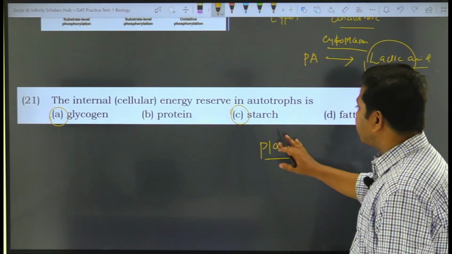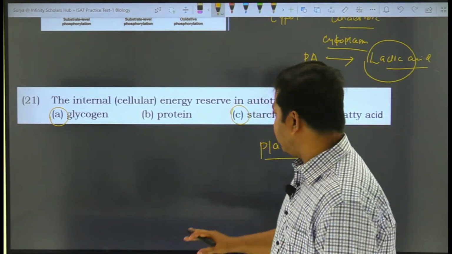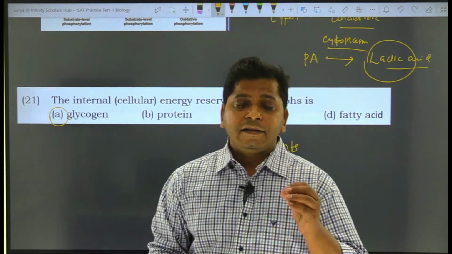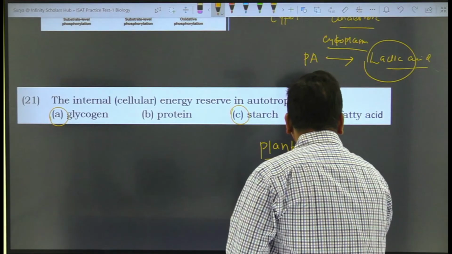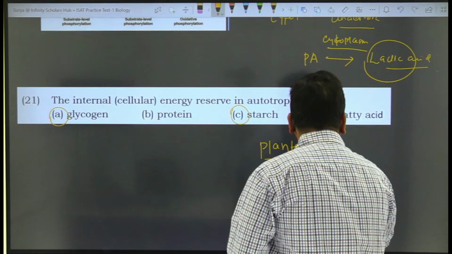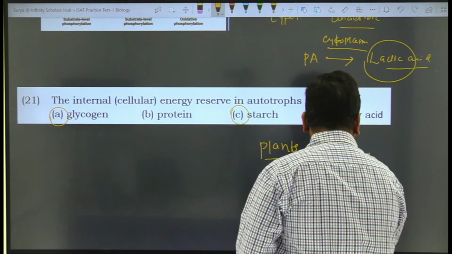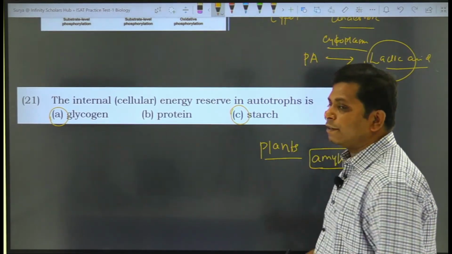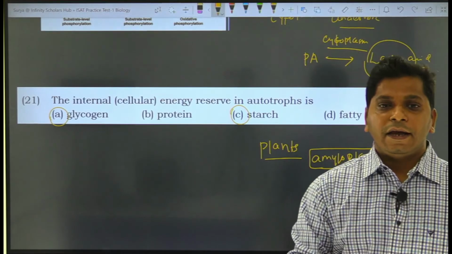But in the plants, the energy reserve or the storage food material is mostly stored in the form of starch and in special organelles which are called amyloplasts. This is a type of plastid where starch is stored, and these are mostly present in the root. So they store starch in a large amount.